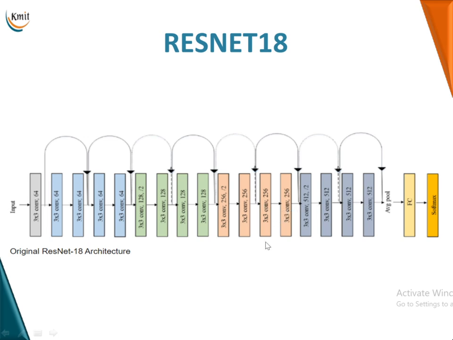Like that, you have many different types of layers inside the ResNet architecture, and a ResNet architecture can actually deal with various depths of CNN layers.